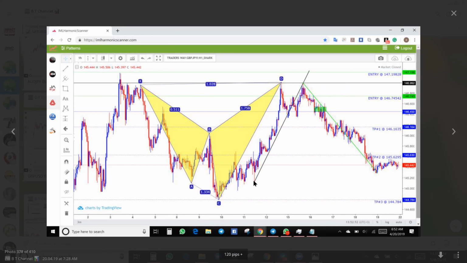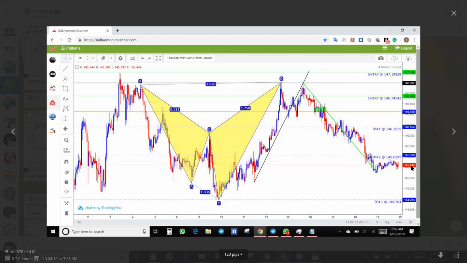We draw a trend line. We have support, support. It broke the trend line. It retested. It's not resistance, so you sell. If I'm to average this, it is 146.992. I'm just going to call this 147, right?